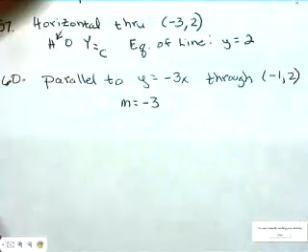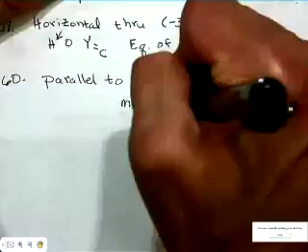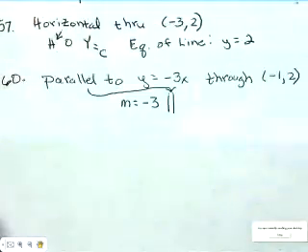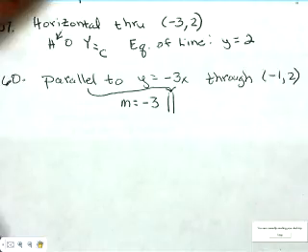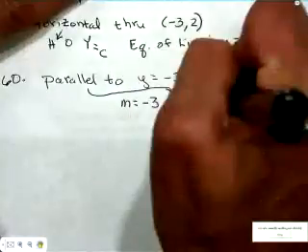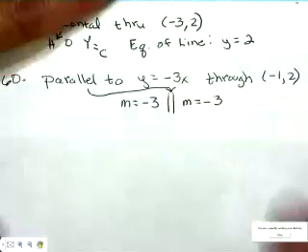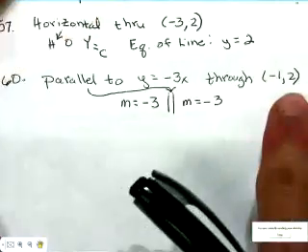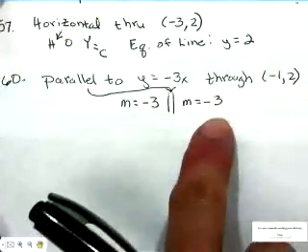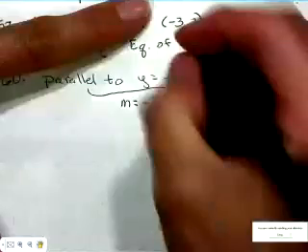By the way, this is the symbol for parallel. If this line has a slope of negative 3, what's the slope of any line parallel to it? Same thing. So just use this point and this slope in point slope form.